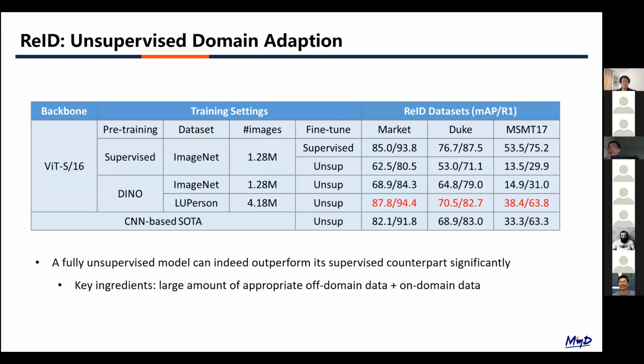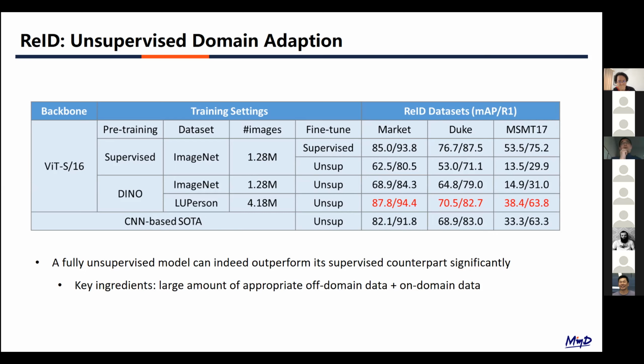So here comes the overall results. As you can see, if we look at the category of the supervised case, that is using the supervised pre-training model from ImageNet, and we run the unsupervised fine-tuning method, we do see a very significant degradation in performance, a performance gap of at least 20%.